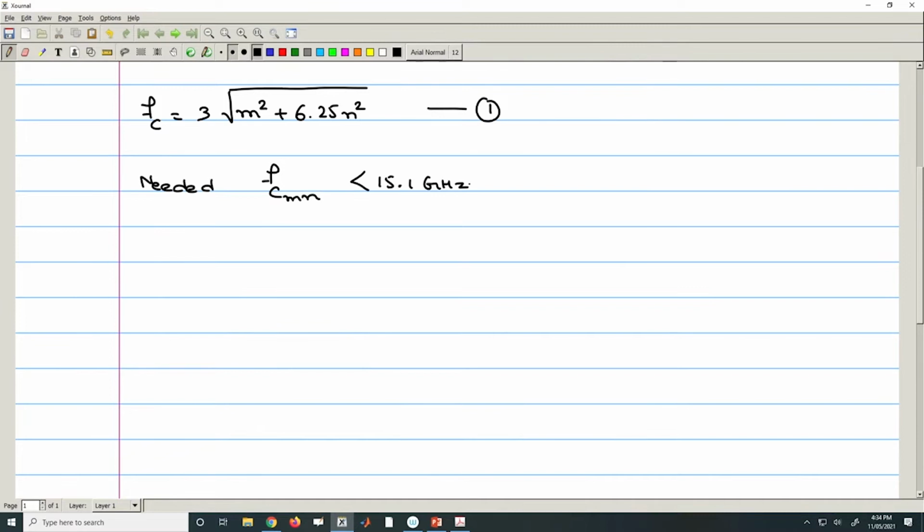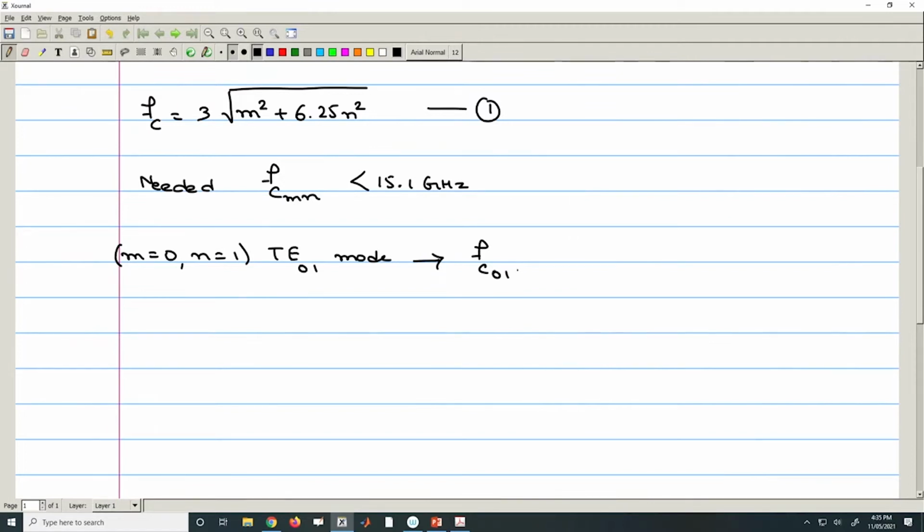Okay. So first fixing m, for m equals 0 and n equals 1, suppose we are getting TE01. For TE01 mode we will get the cutoff frequency as f_c01.